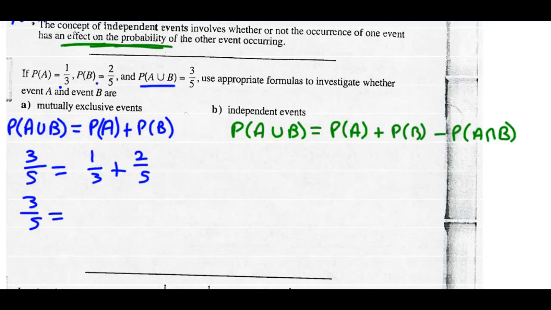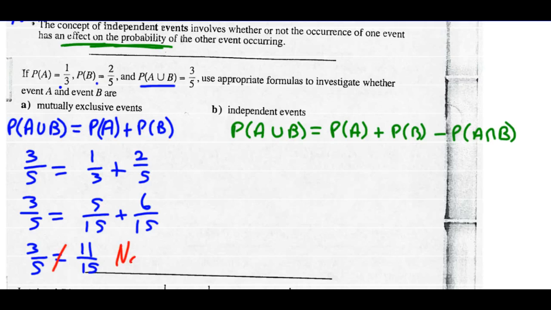Common denominator should be 15. So that's 5/15, and this would be 6/15. So that would be 11/15. Is 3/5 equal to 11/15? No, it is not. So we would say these are not mutually exclusive. Doesn't satisfy the formula, so A and B are not mutually exclusive events.